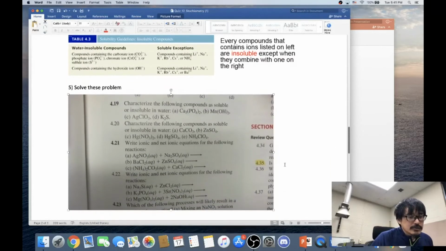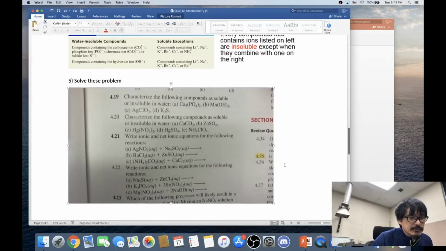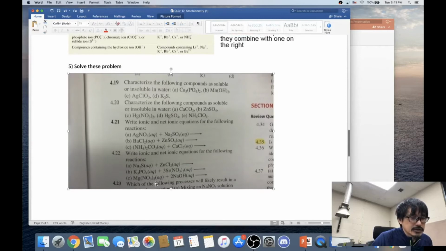Alright, let's do another problem, right? What should I do? Maybe B for this one right here. So write out the net ionic equation for the following reactions. So let's just do the 22B right here.